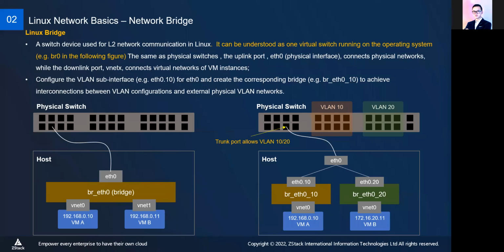So the logic for the Linux bridge is, for example, we have a VLAN on the switch side and they connect to the physical host's Ethernet, and there is a Linux bridge, and it bridges to each virtual machine, and then the virtual machines can communicate with each other or with the outside.